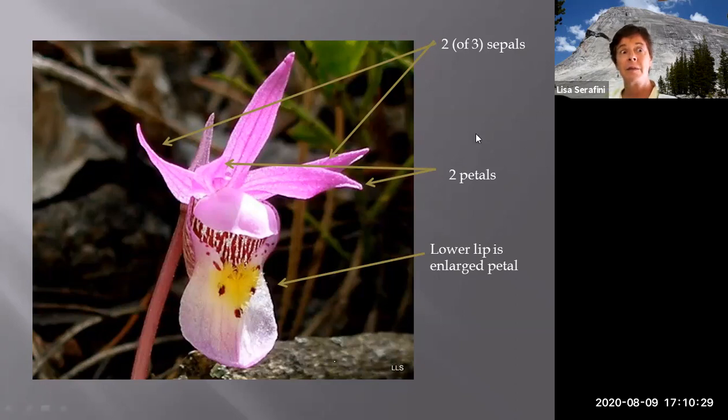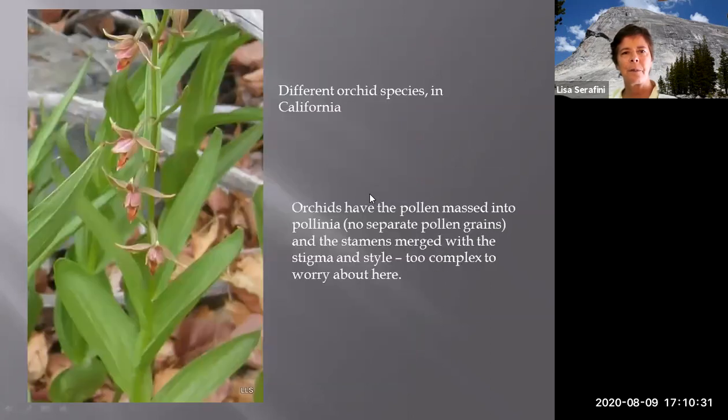Those of you in field botany will go into more detail on that. This is another orchid species that we can find in California. And I just put this so you can see that the ovary is actually inferior. It's usually what you're thinking of as the stem of the flower. Well, I guess I will mention for everyone that in orchids, you don't have separate pollen grains. So you don't have this dust. What you have is the pollen all massed together in what's called a pollinium, pollinia plural. And the pollen is essentially just nuclei at that point.